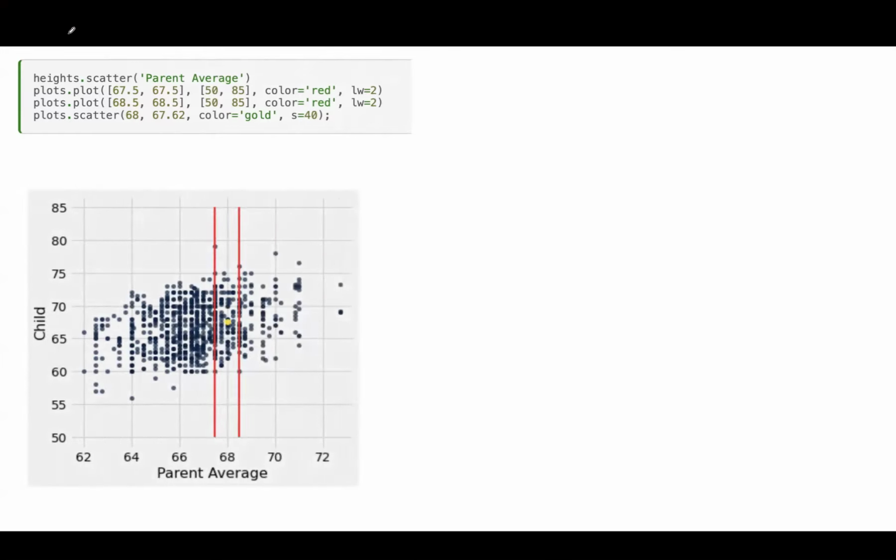So by running this line of code, what do we see? We have two vertical lines capturing all the points that are close by to the gold point here.